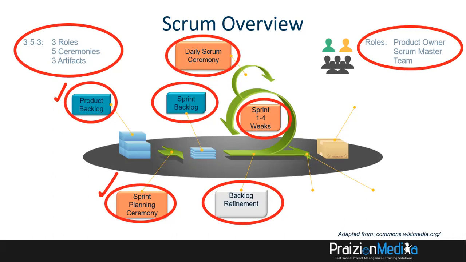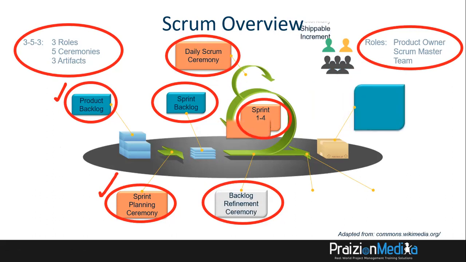Backlog refinement is where the backlog is primed, where the backlog is prioritized and gotten ready. And backlog refinement does not necessarily need to be an event that happens one time. It could happen at any point along the timeline. So it's not regarded as a specific ceremony, but it is something that needs to be done. And the product owner, again, is responsible for this.